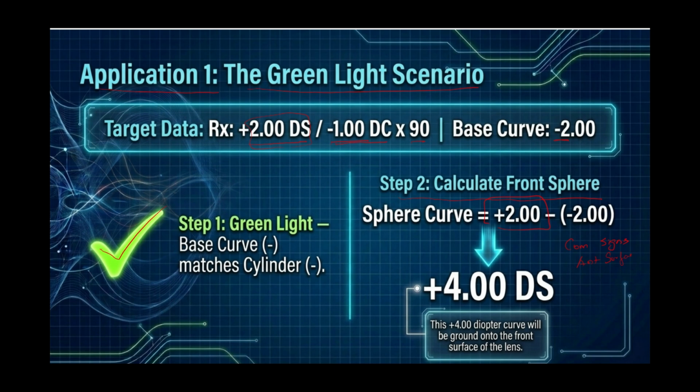So +2, minus the base curve, which is -2, so +2 minus -2 becomes +2 plus 2, which gives us +4. This will be the anterior surface power. So this will be in the numerator, that is, +4 diopter sphere will be our numerator.